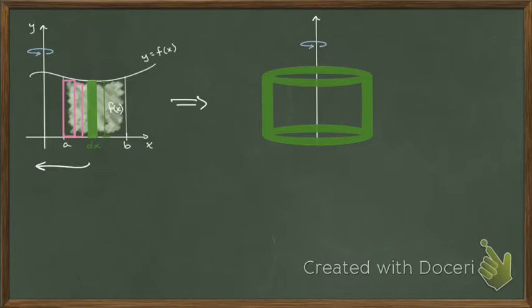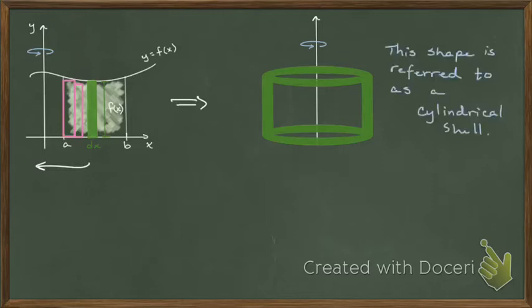That's what integrating will do for me. It'll take all those slices and all those cylinders and stack them inside of one another. But this is definitely not a disc or a washer. What we call this is a cylindrical shell, and hence the name, the shell method.